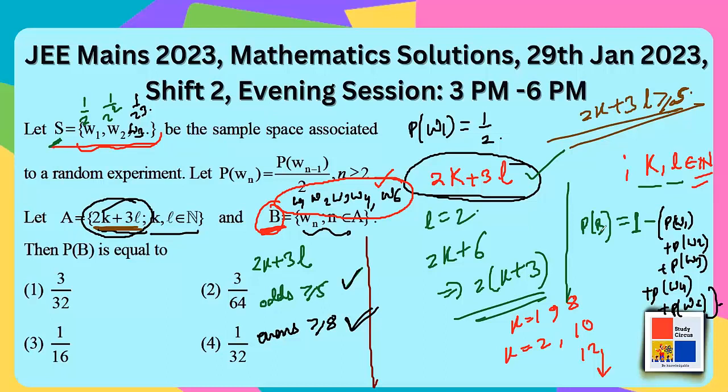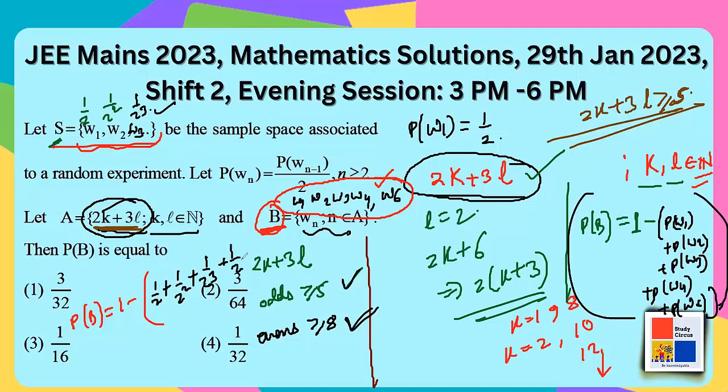So I can say from here that PB is 1 minus PW1, which is 1 by 2, PW2 is 1 by 2 squared, PW3 is 1 upon 2 cubed, PW4 is 1 upon 2 to the power 4, and PW6 is 1 upon 2 to the power 6.